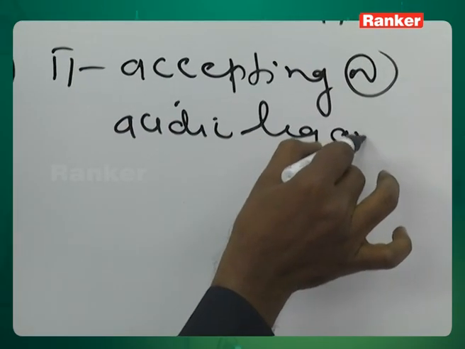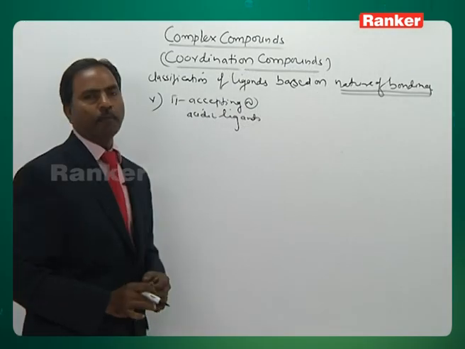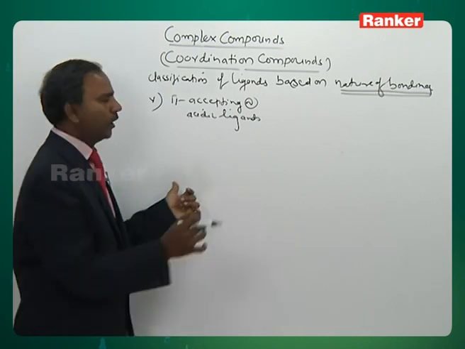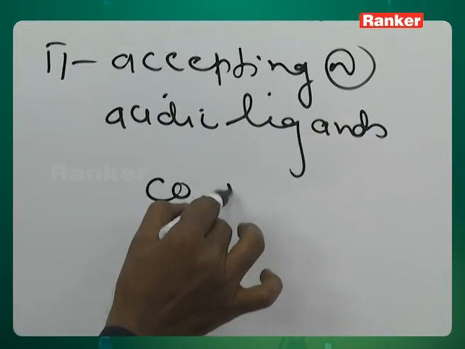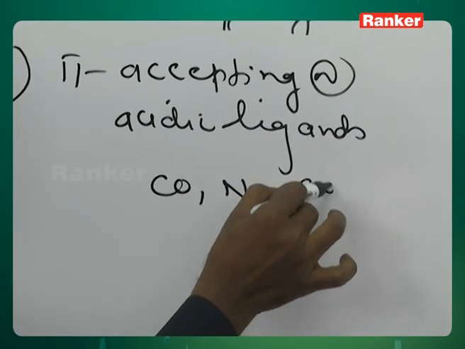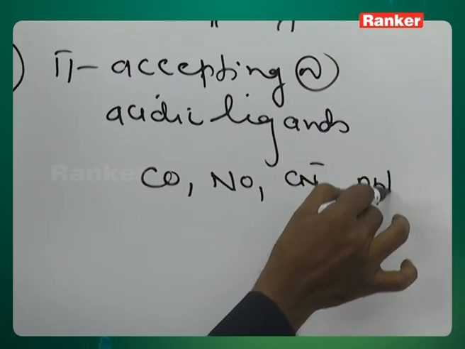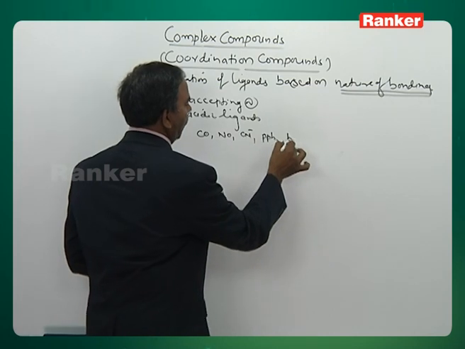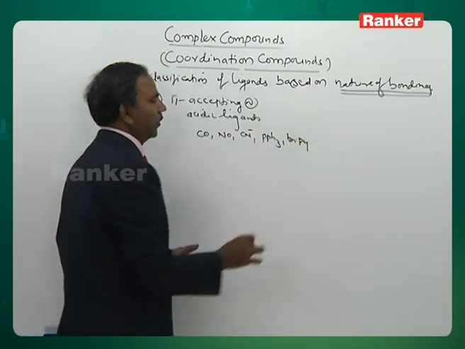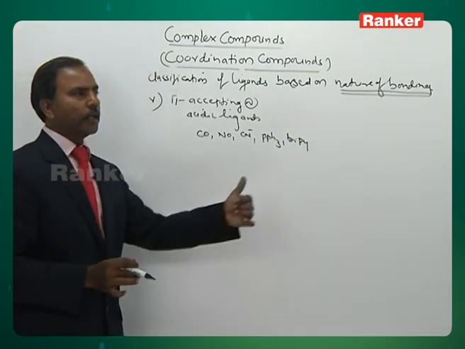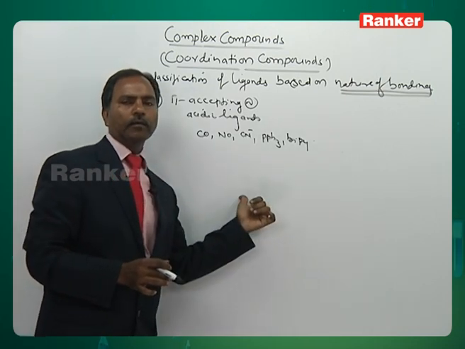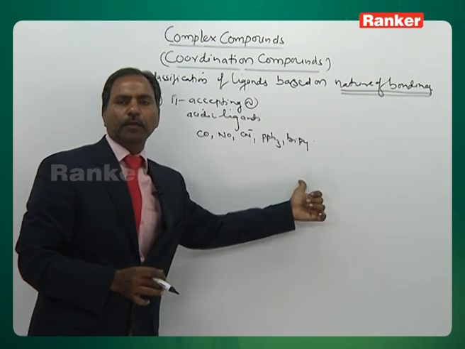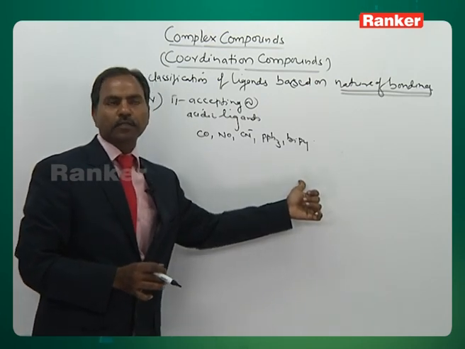Some of the ligands like carbonyl, nitrosyl, cyano, triphenylphosphane, you can consider. Such ligands are capable of donating a pair of electrons, resulting in the formation of a sigma bond. Again they are accepting a pair of electrons, resulting in the formation of a pi bond.